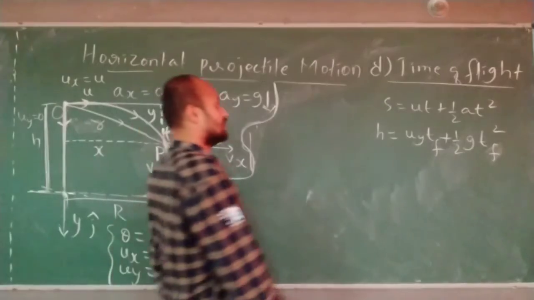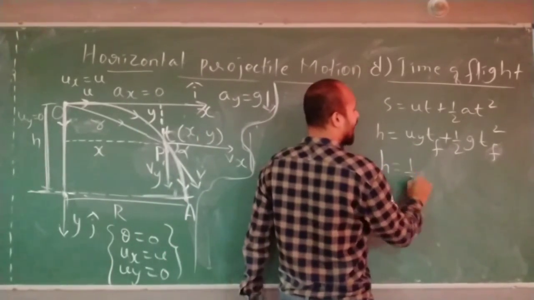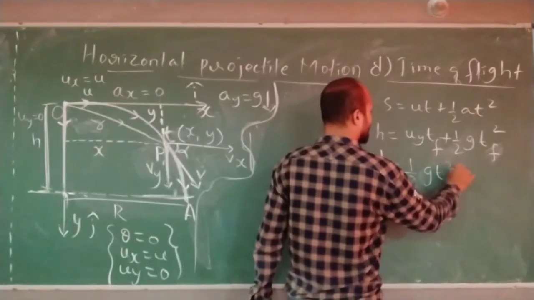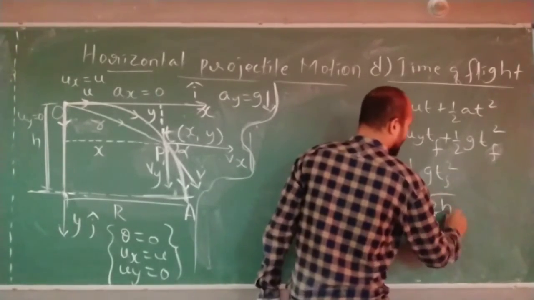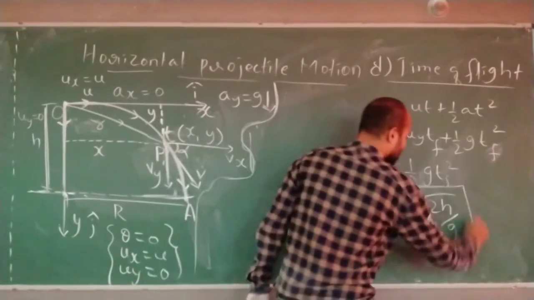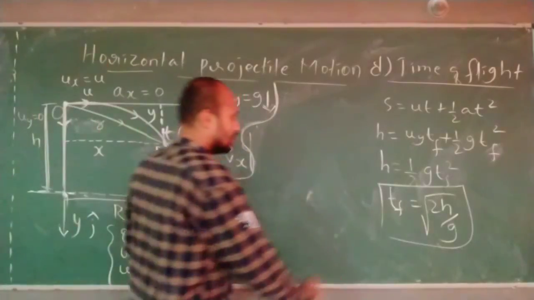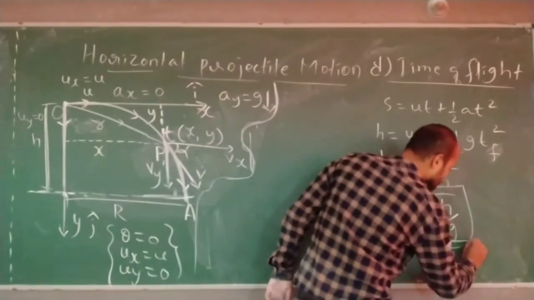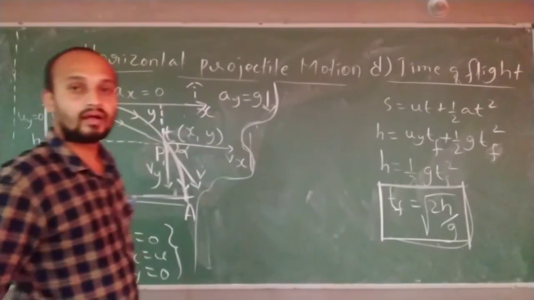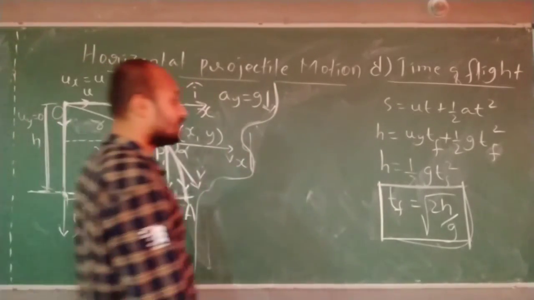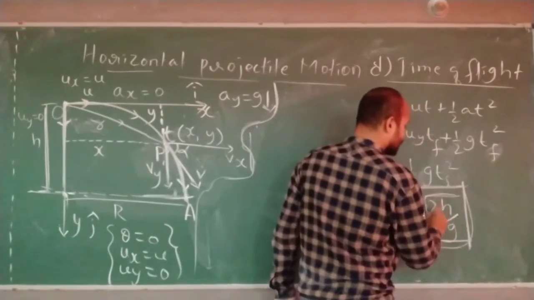Here uy is 0, so h is equal to half g tf square. So tf will become root of 2h by g. This is the time of flight in horizontal projectile motion.